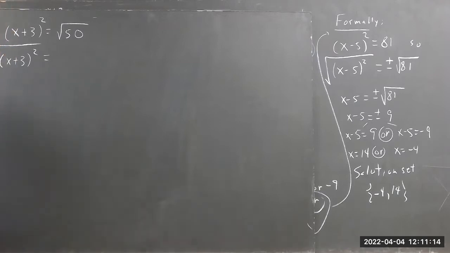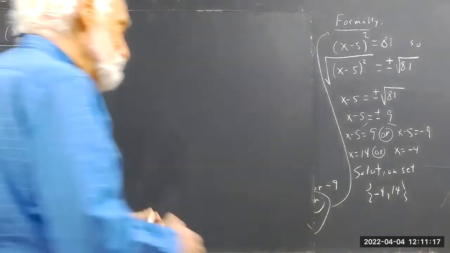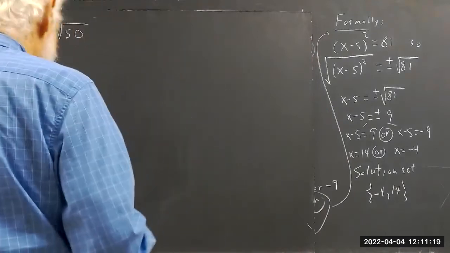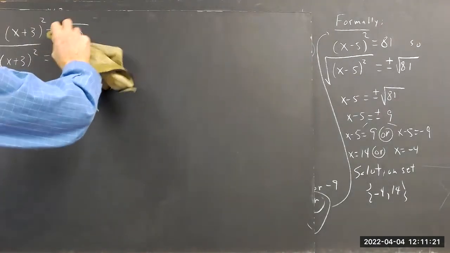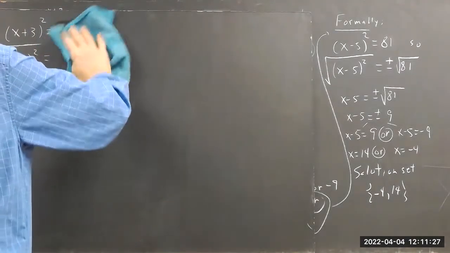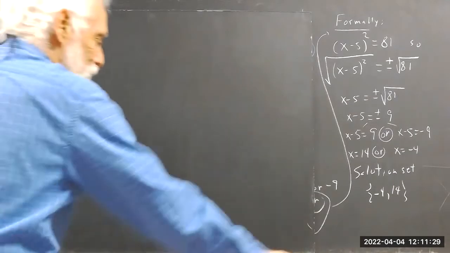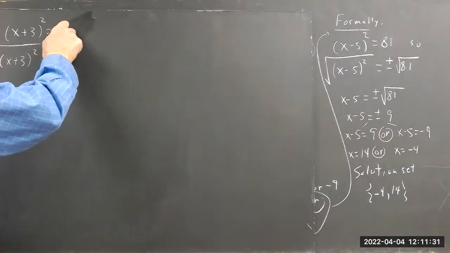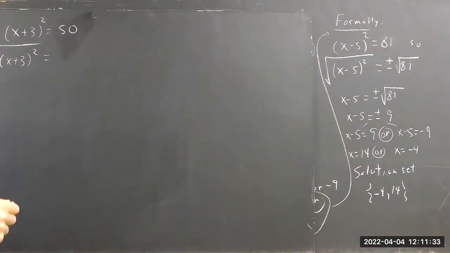Okay. Well, you know what I'm going to do? I'm going to fix this because that certainly isn't what I wanted to write. Oh man, I was going for it. Okay, so I wanted 50 there. We can do that.